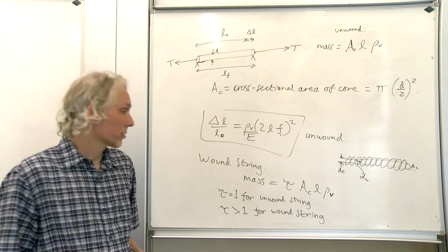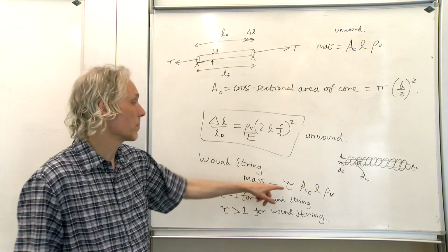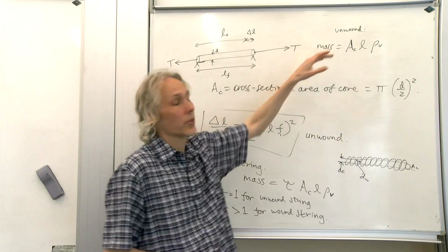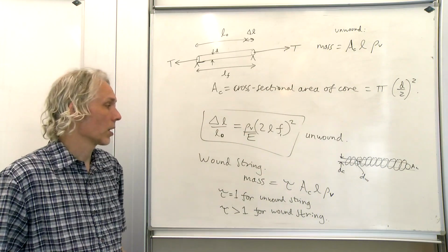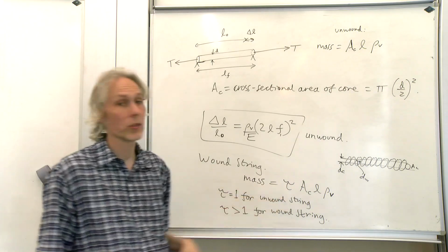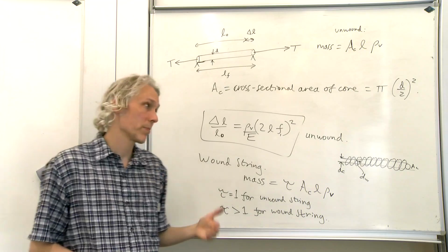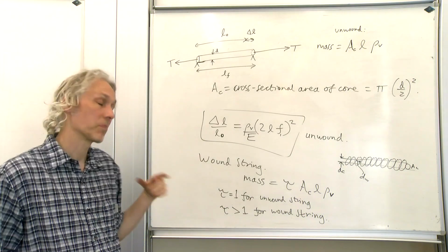So what's important from our point of view is that the mass of the string is going to be bigger than if you just considered the actual core, by a factor we'll call tau, and that factor tau is something we can vary by making the windings bigger.